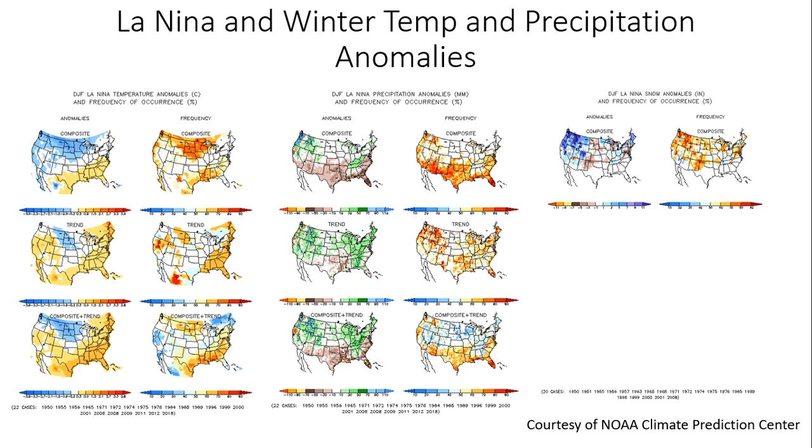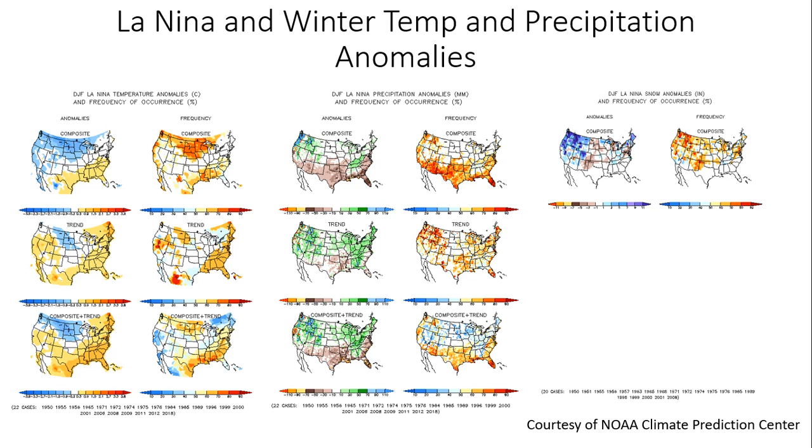And you have warmer than normal conditions stretching from Texas to the mid-Atlantic. The far image on the right shows December, January, February La Nina snow anomalies in inches. Blue shading indicates above normal snowfall, brown shading below normal snowfall, and the white shading indicates near normal snowfall.